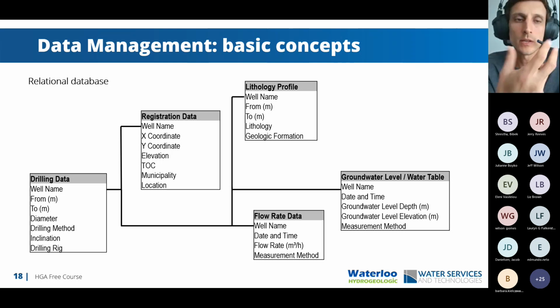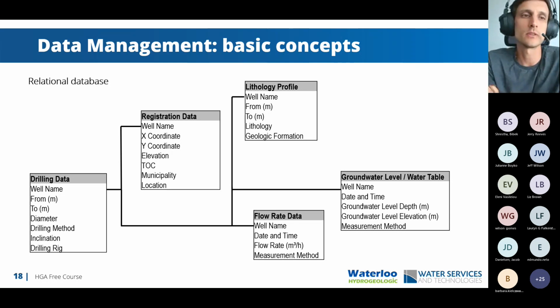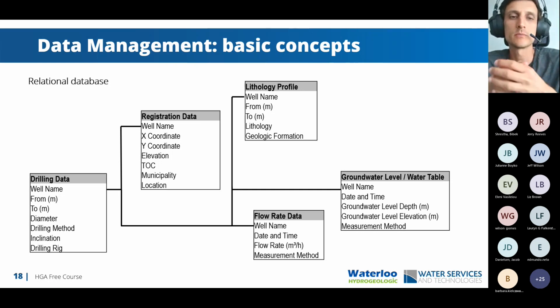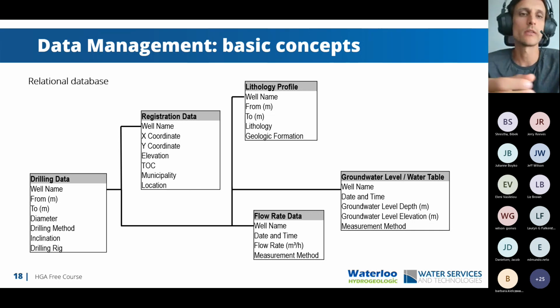So then you can have a relation between all these tables, and that makes a relational database. This is a very simplified way to explain it. Of course, there is some other technical stuff when we talk about relational databases, but I think this is the most important thing that you should know.